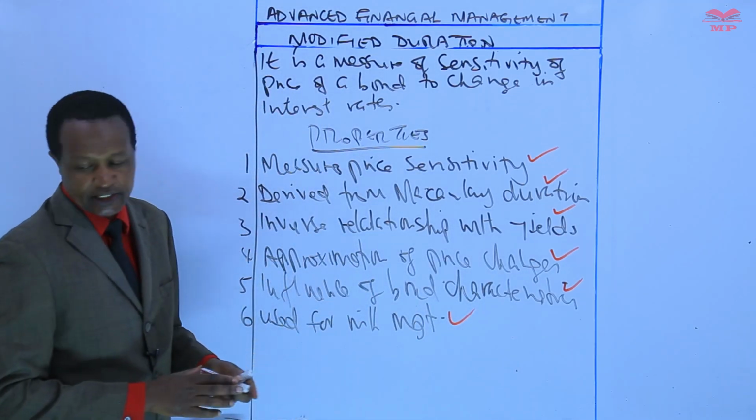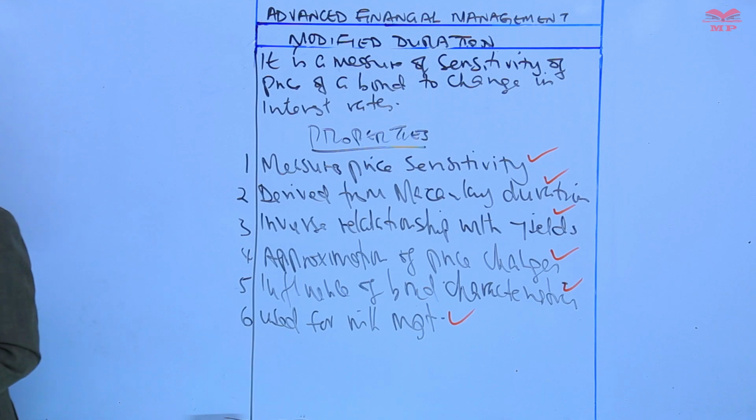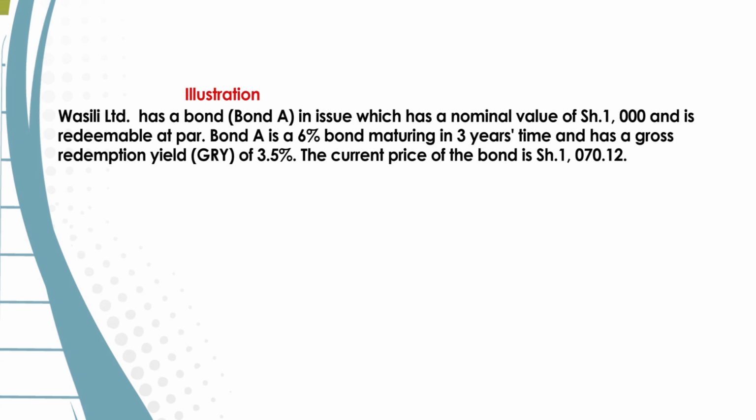Now let's move on to answer one past paper question. It's a question associated with Wasili Limited. I read, Wasili Limited has a bond A in issue which has a nominal value of 1,000 shillings and is redeemable at par.